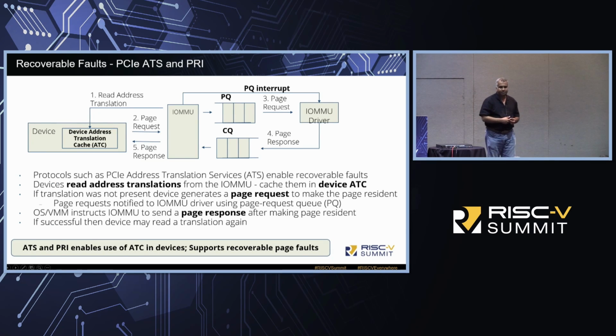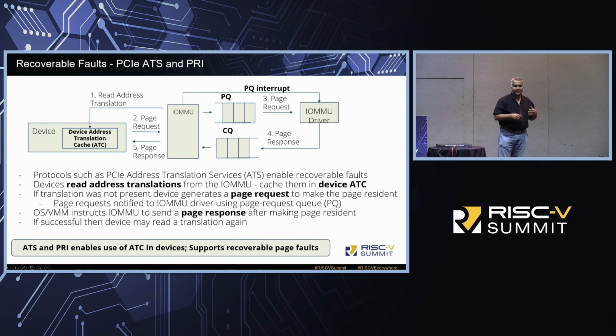That's where PCIe came up with this concept of recoverable faults. Like I said, once you've fired the arrow, you can't take it back. But if you know ahead of time that something's going to fault, now you can recover from it. For that, devices need to participate in this whole process.